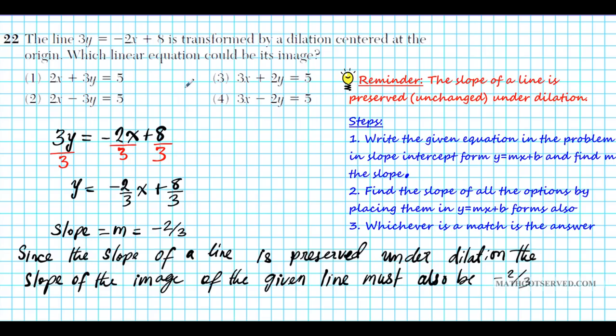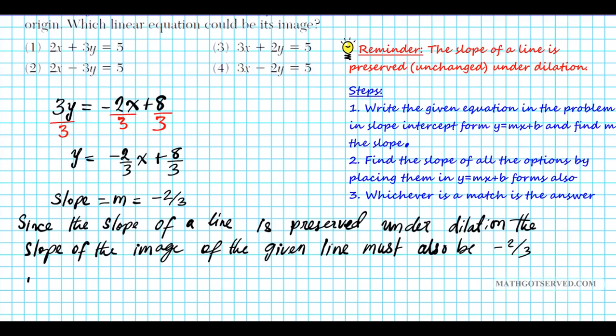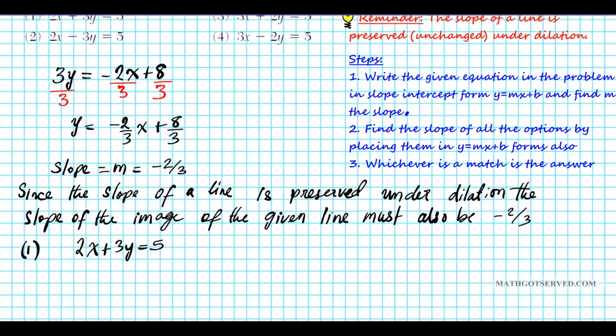Okay, so what does this tell us? We just look at all these options. Whichever yields a slope of negative 2 over 3, that is the image of the dilation of this line. Okay, so let's start with option 1. 2x plus 3y equals 5. We can get this in y equals mx plus b in 2 steps. Subtract 2x and divide by 3. Subtract 2x.